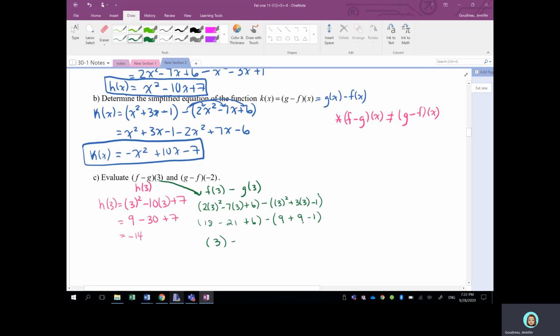Minus 9 plus 9 is 18, minus 1 is 17, and 3 minus 17 is equal to negative 14.